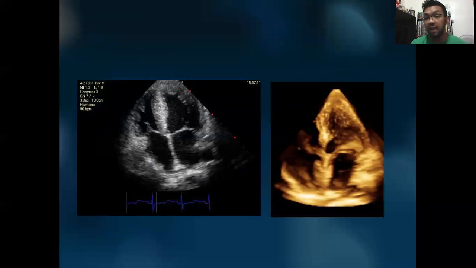This is an example of an echocardiography, wherein with the use of ultrasonic waves, the sonography will visualize the chambers of the heart here, how large or how small the valves are, how large the muscles of the heart are, and so on.